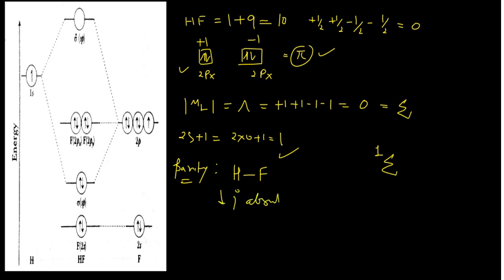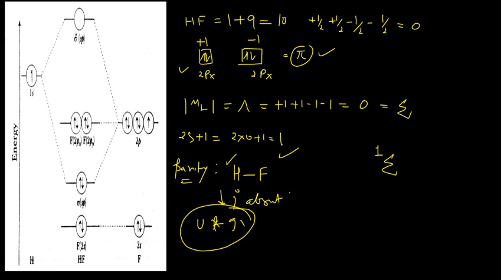When the inversion center is absent, there is no question of U and G. Please remember that point. For any heteronuclear diatomic molecule, there is no question of G and U. If you write G or U somewhere here, you will end up with the wrong answer. So please remove this point. Now the question is what you have to put here, plus or minus.